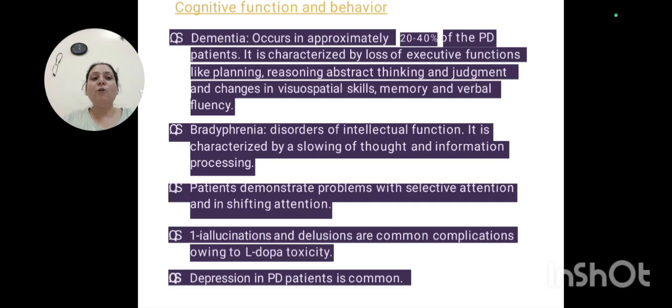But what we find here is that because of impaired shifting attention, they are not able to maintain concentration or do 2 tasks at the same time. If they are walking, they will only walk; they cannot take a call side by side. They will try to do one thing at a time. Hallucinations and delusions are really common here, and depression. Later, when stage 4 and 5 happen, the person starts suffering with depression.